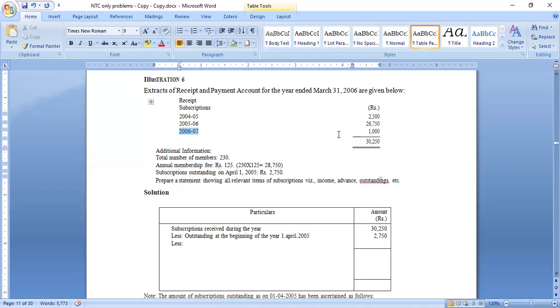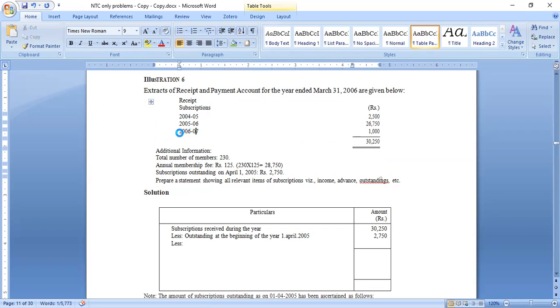I am considering from these balances. You may ask why don't you consider this balance if it belongs to the previous year? But we have a conflict with this amount and this amount. We do not have any conflict with the future year.